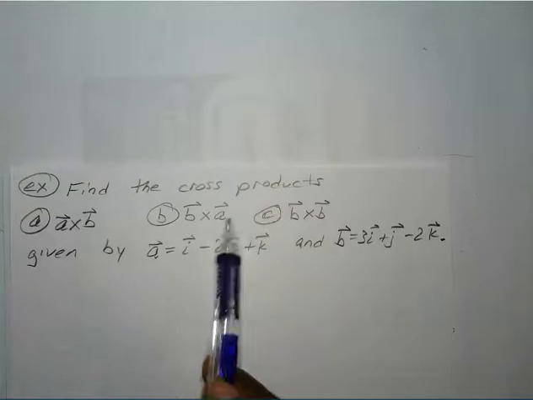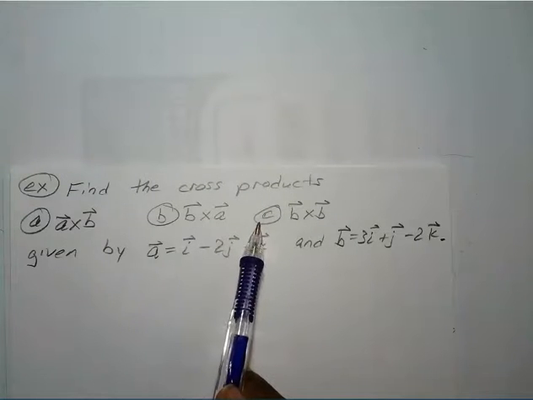Now for B and C, we're not going to use the properties. We're just going to go ahead and work them out.